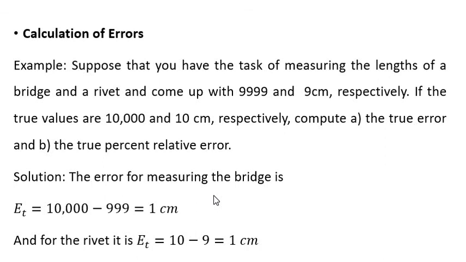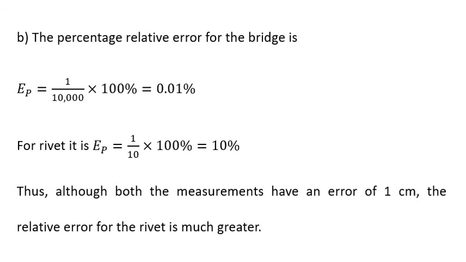According to the formula, the error for measuring the bridge is Et equals 10,000 minus 9,999, that is 1 centimeter, and for the rivet it is Et equals 10 minus 9, that is 1 centimeter. The percentage relative error for the bridge is EP equals 1 by 10,000 into 100%, that is 0.01%, and for the rivet it is EP equals 1 by 10 into 100%, that is 10%.